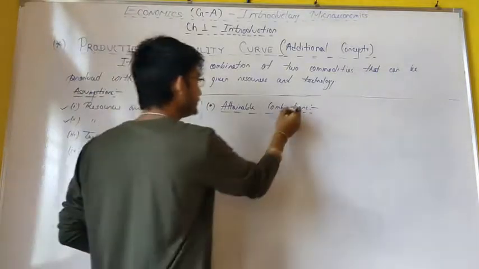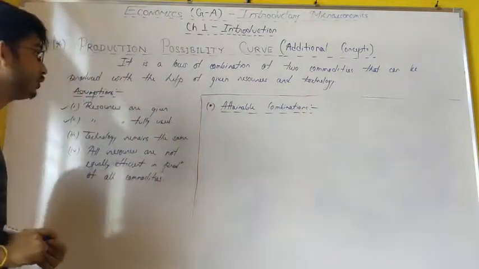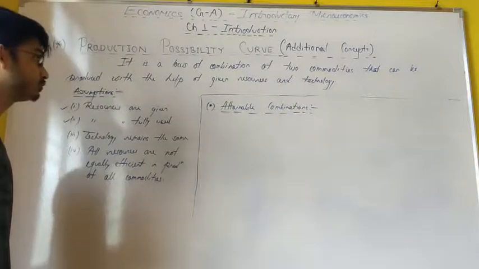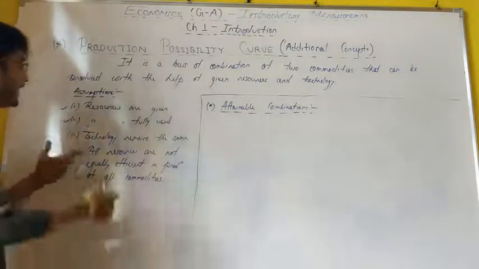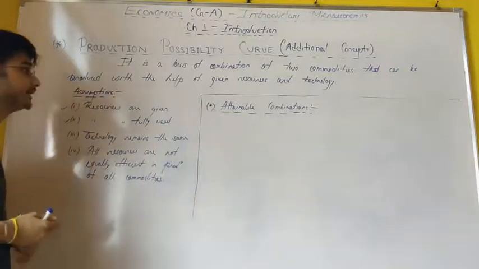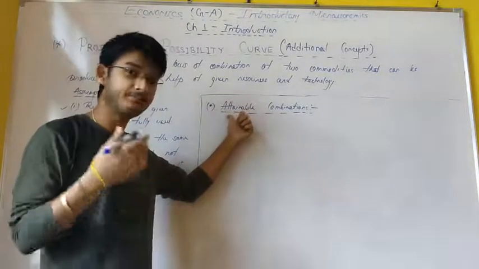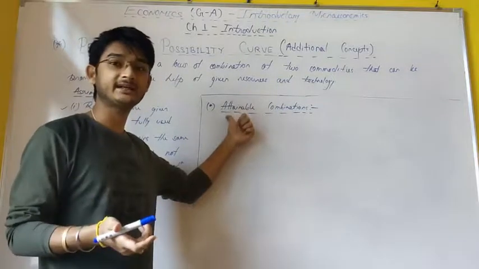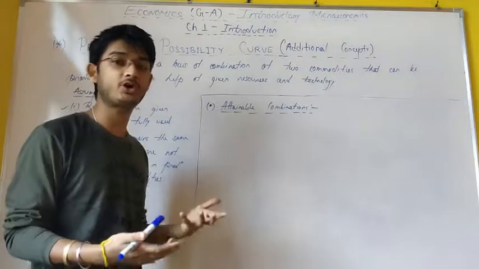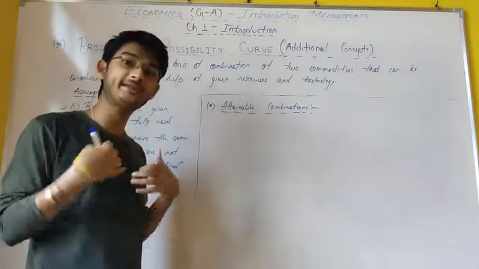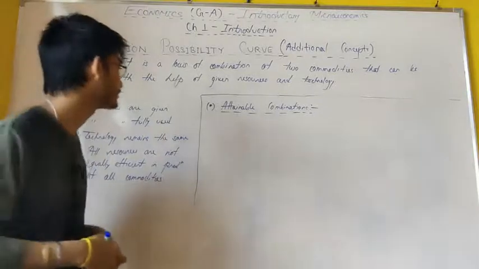Well, the name itself suggests that it is all those possible combinations of production that we can produce with the help of our given resources. The name attainable simply indicates the production combinations that we can achieve with the help of given resources.